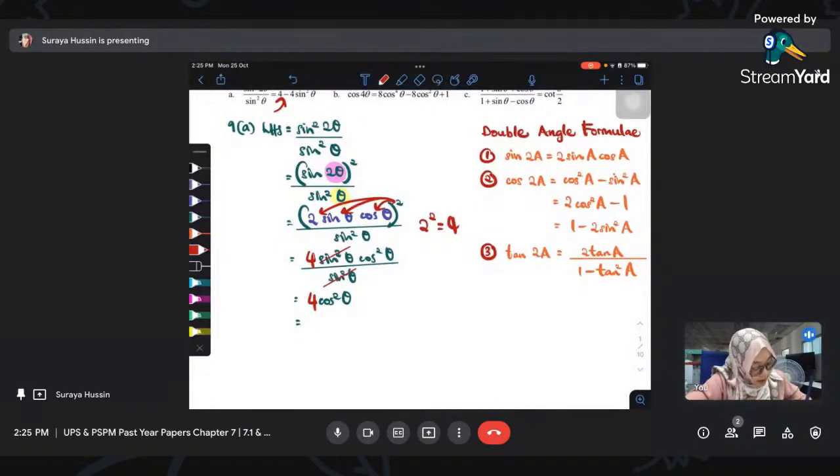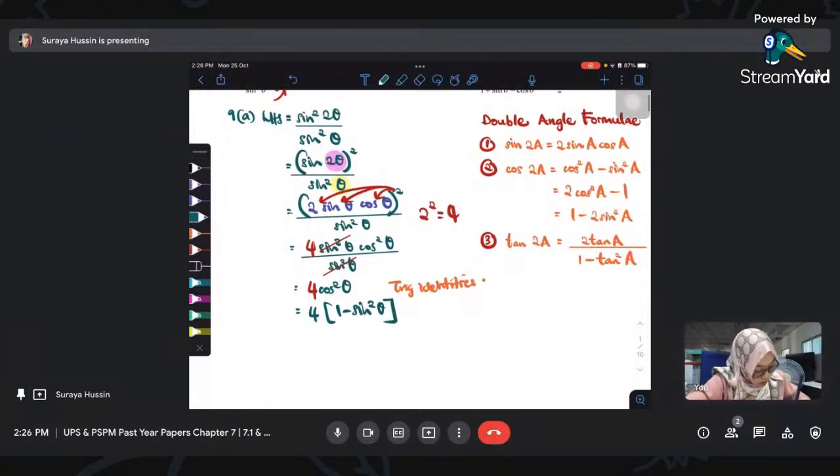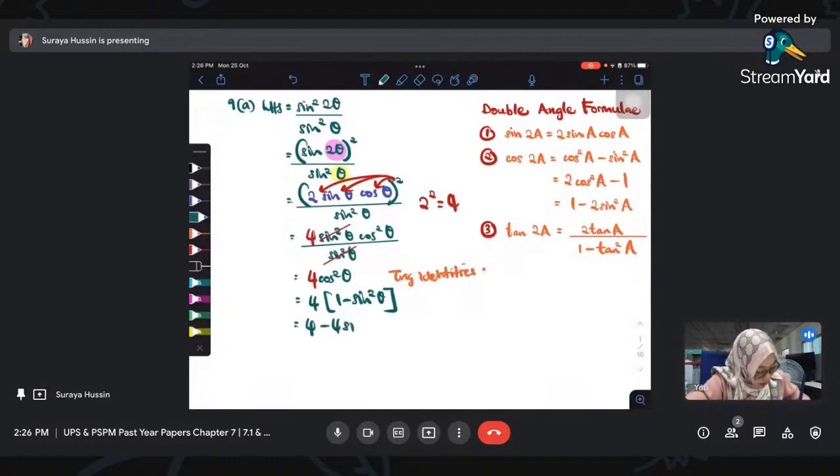Dekat sini you kena pakai trig identity. Trig identity dekat sini tak susah pun. This is just 1 minus sine squared theta. And so you got your right hand side already, which is that.